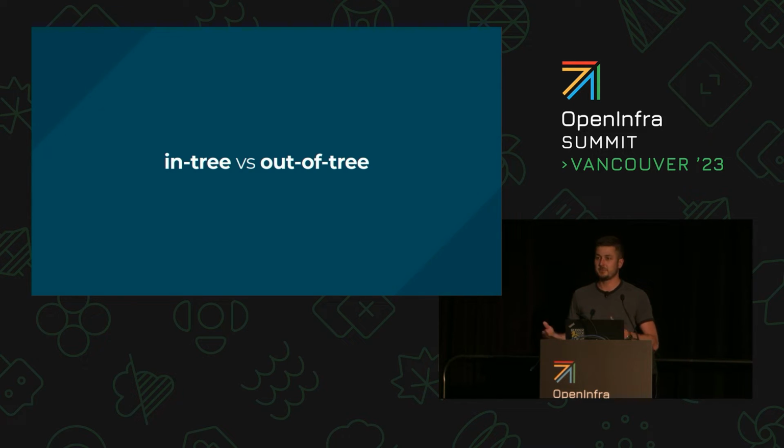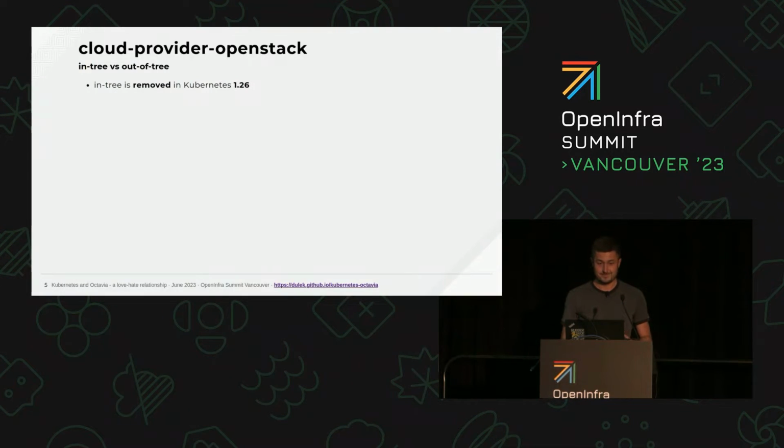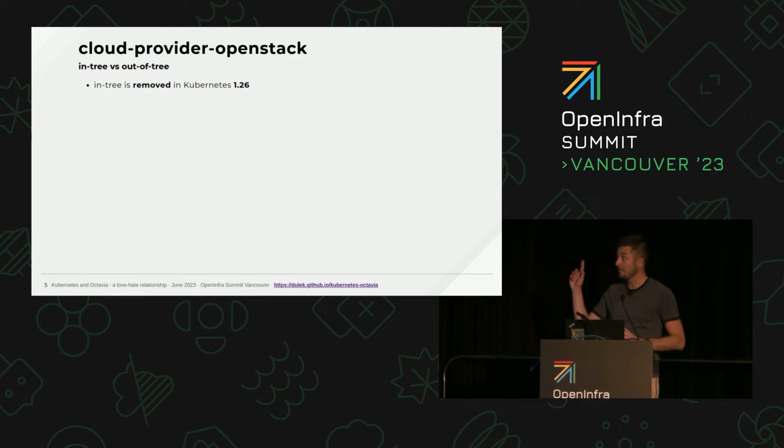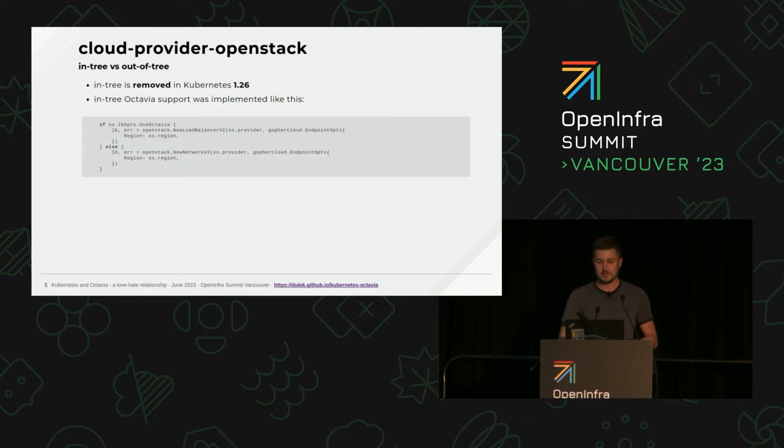You don't need to deploy a separate service, the cloud controller manager. So you might be tempted to use them. Please don't. So the entry provider, the OpenStack entry provider, is removed in Kubernetes 1.26, meaning that very soon there will be no supported Kubernetes version that still has the entry provider.